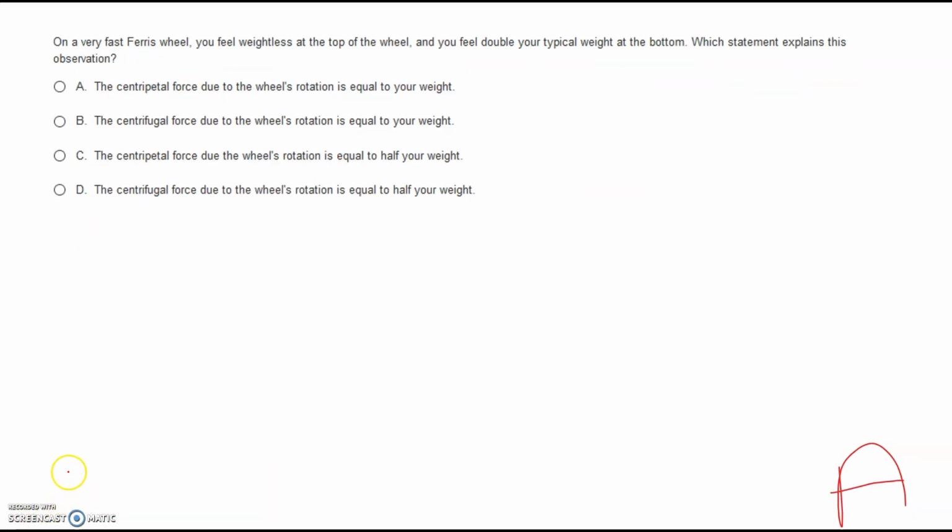Okay. And a Ferris wheel. Let's see. Okay. So this is from lesson 5.3, page 7 of 30, in the example of dynamics of a Ferris wheel.